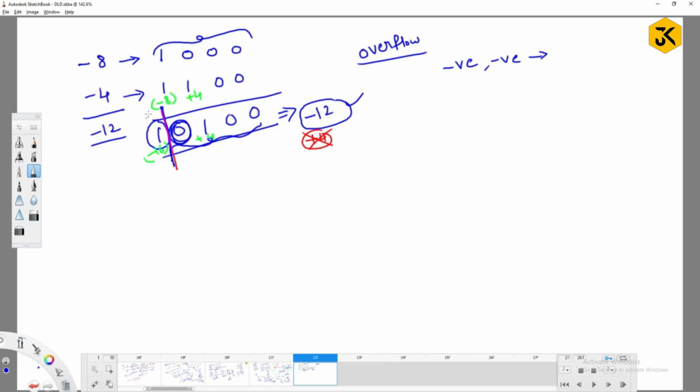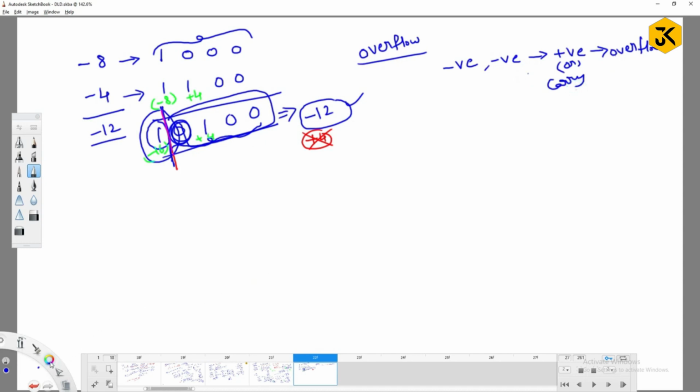Don't worry about this, because in terms of system memory, if you consider there are only 4 bits of memory space, when you add two negative numbers and get the result as positive, at that time you can consider that overflow occurred. This is one condition where you can inform the system so that the system will allocate one more extra space. Or in other terminology, there exists a carry. When you add two negative numbers, if a carry generates, there exists an overflow.